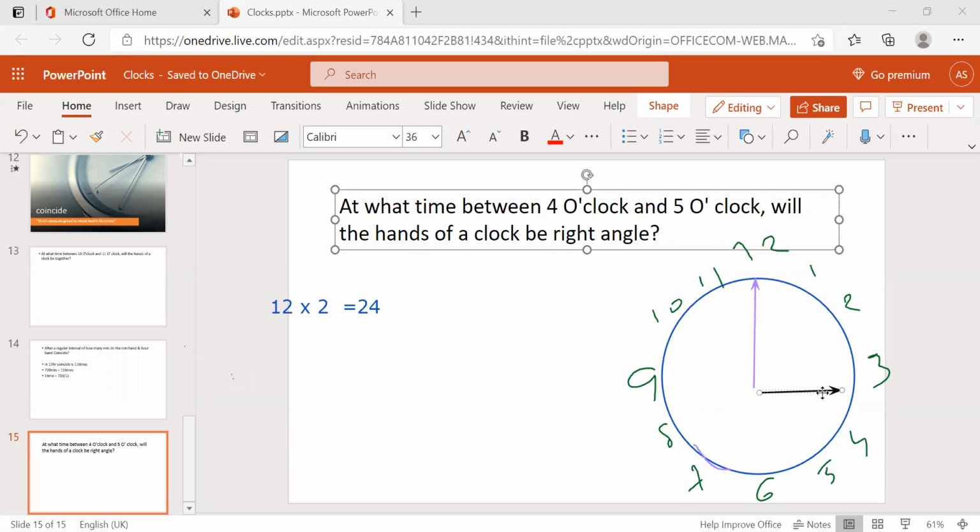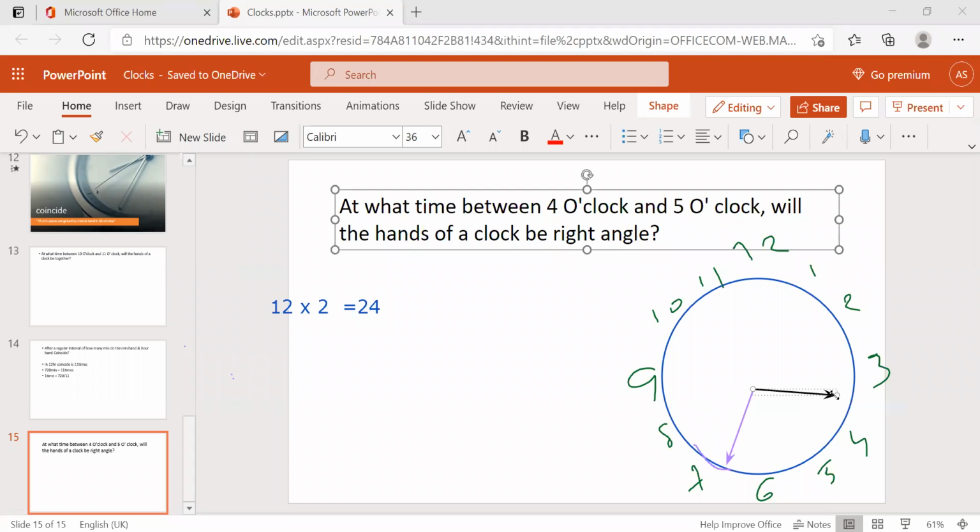And after this, we'll make one more angle from here to here. So they will lie between here. So in 3 o'clock, we are getting 2 times.